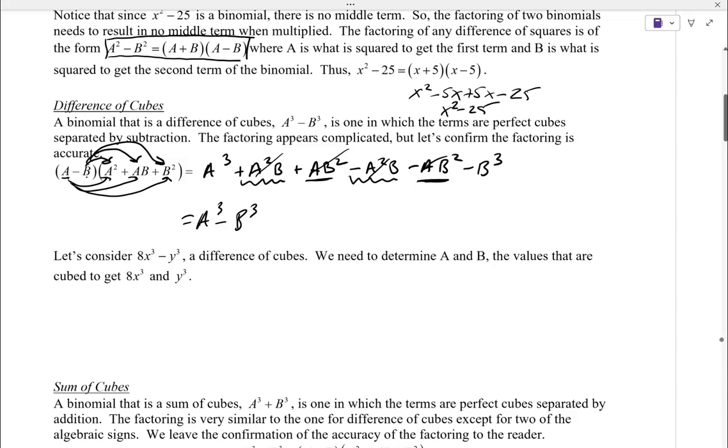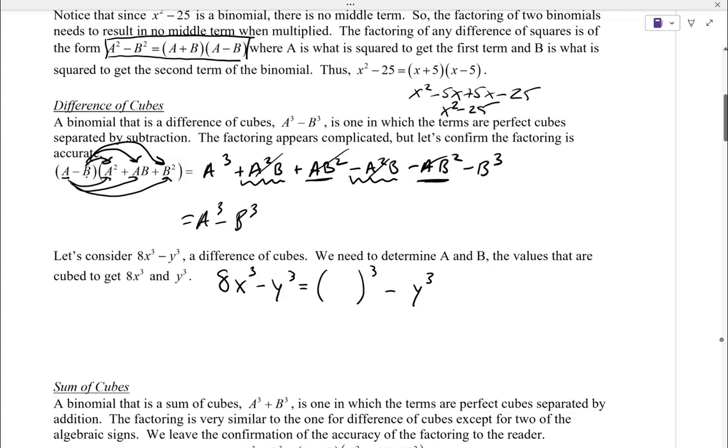We need to recognize something cubed minus something else cubed. So let's look at the example we have here. The 8x cubed minus y cubed. Well, certainly y cubed is already a perfect cube, right?